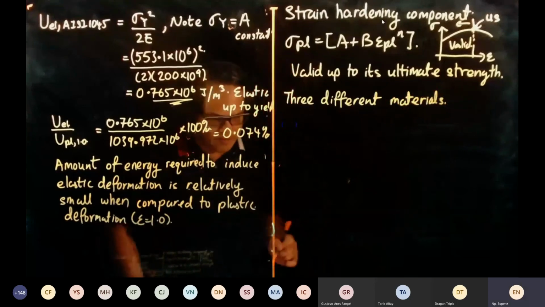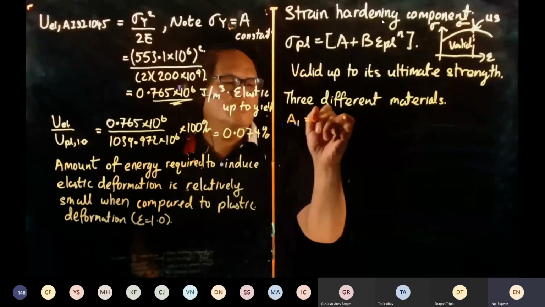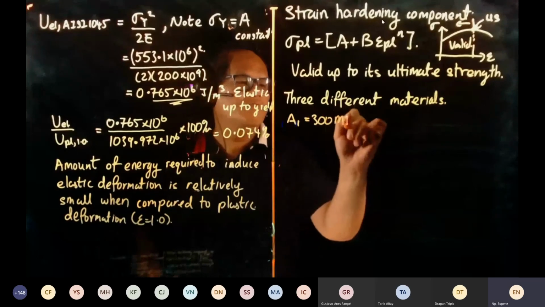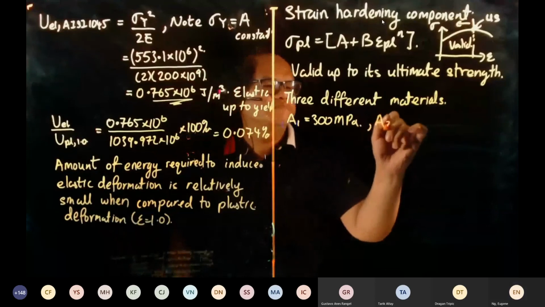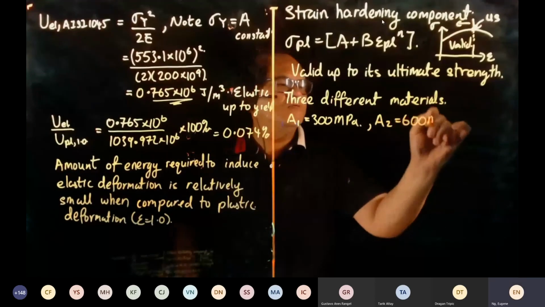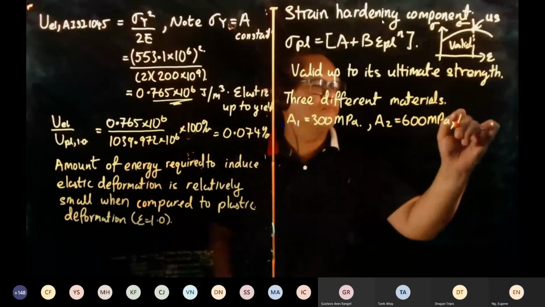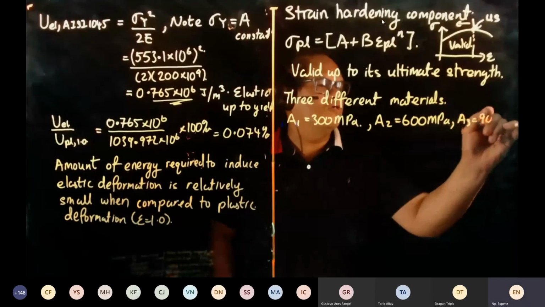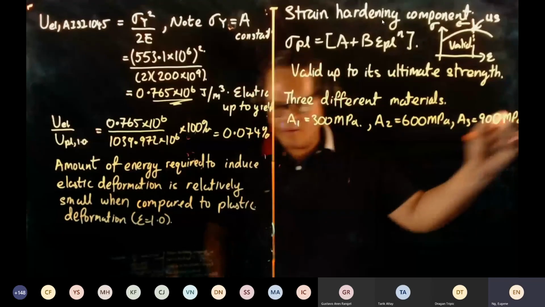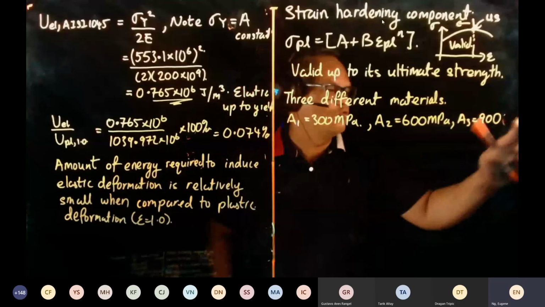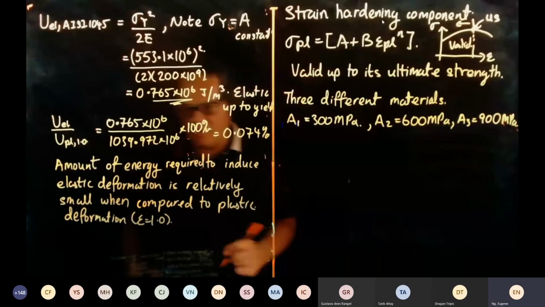These three different materials: material 1, A1 is equal to 300 MPa. Then material number 2, so it's getting harder, and then A3 is equal to 900 MPa. Can you see the MPa? Barely. I'm going to squeeze. Okay, MPa.